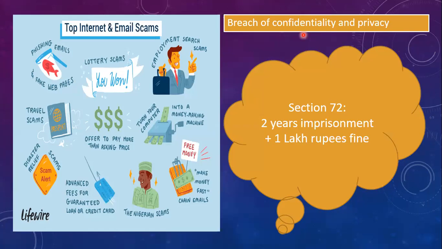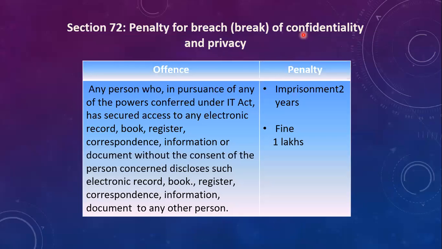Any person who, under any powers conferred under the IT Act, has secured access to any electronic record, register, information or document, and discloses any information without the consent of the person concerned, is punishable under Section 72, and can have 2 years imprisonment and a fine up to 1 lakh rupees.